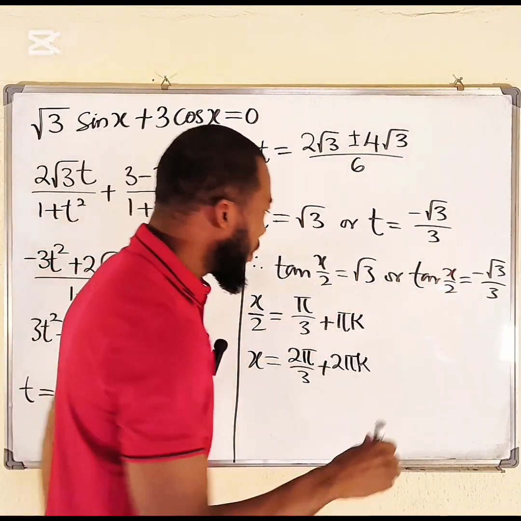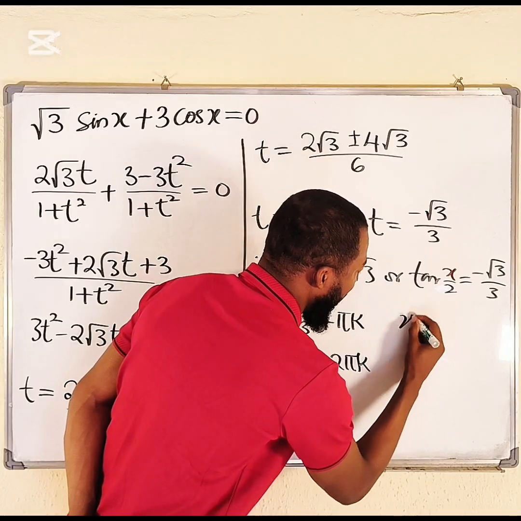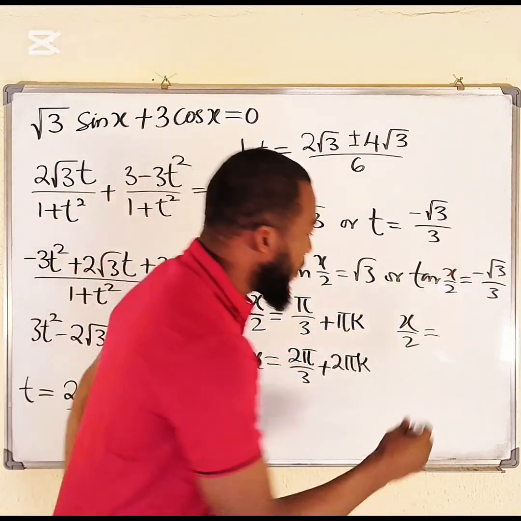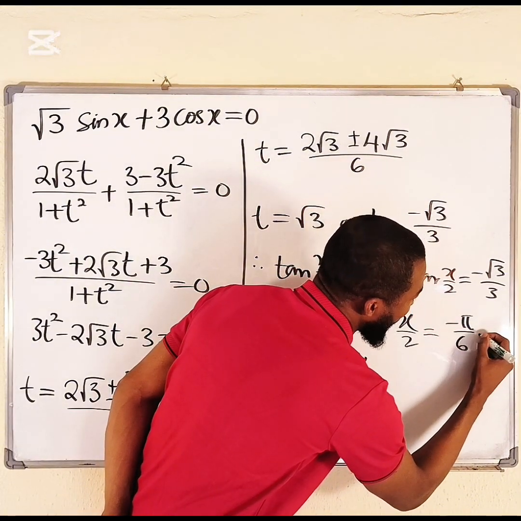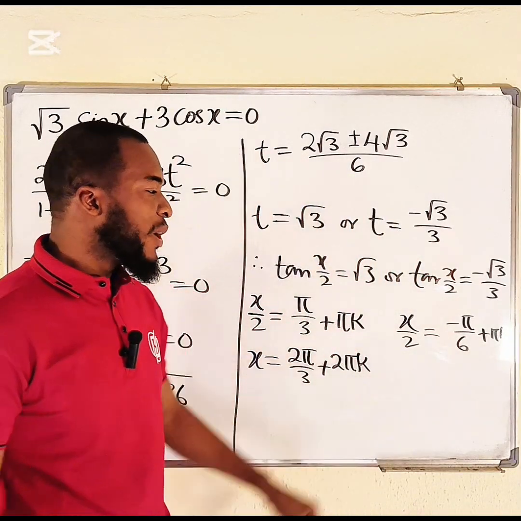Then we move to the other one. If you take tan inverse of both sides, you have x divided by 2 equal to tan inverse of this, which will be negative pi divided by 6. Add multiples of pi, then you multiply both sides by 2.